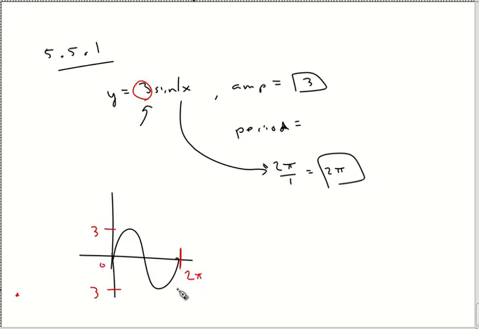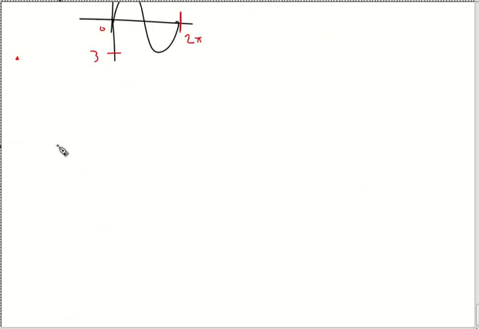You started at 0, you go all the way until 2 pi. So there you go. Pick this one. Of course, it'll keep going and going, but you're really just looking for that first little chunk that makes it stand out, okay? If it doesn't have this, then it's not right. Okay. Next one.